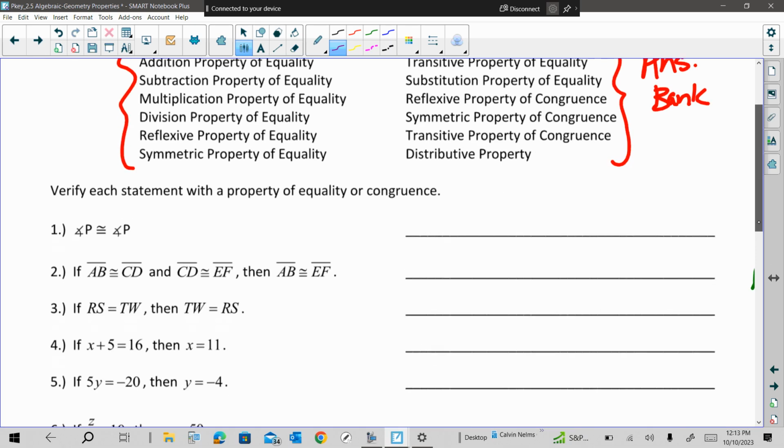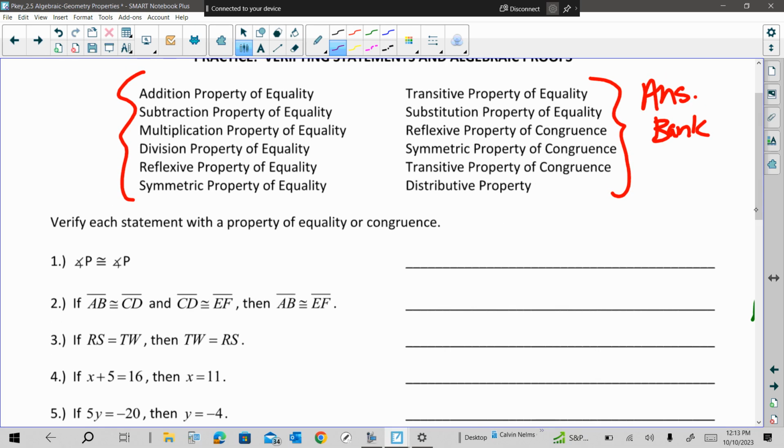So here's how you can break it down. I would first look at your symbol. Like that symbol is a congruency symbol. So this is going to be a POC, property of congruency. Then I read the statement. Angle P is congruent to angle P. This is an example of a mirror image.